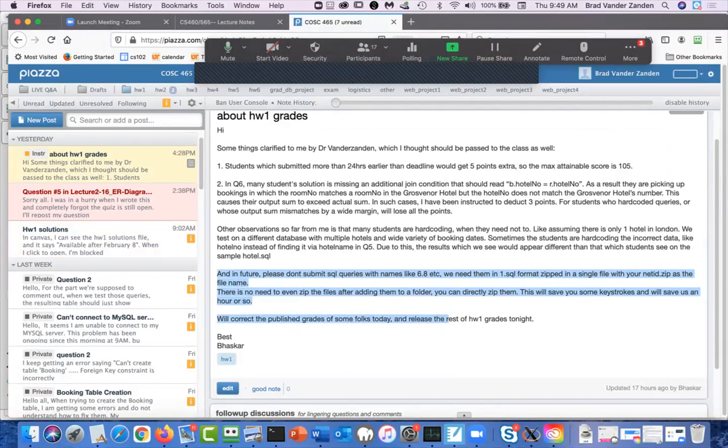I'm not going to read it out to you, but on Piazza, he just posted something about what he wants to see in the future. It says to place them zipped in a single file. He said you don't even need to zip the files after adding them to a folder. So I think what he's saying is he would prefer you add everything to one folder, put them in separate files, and then zip. Or is that not answering the question you have?